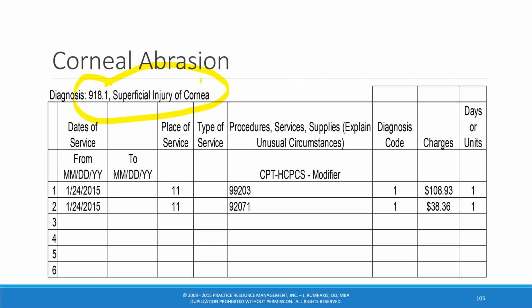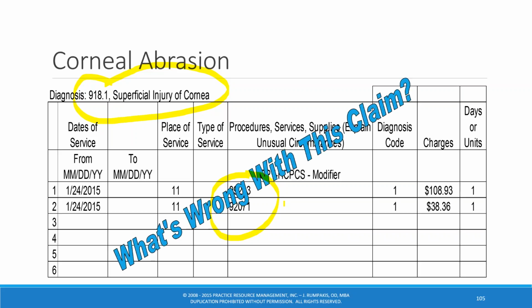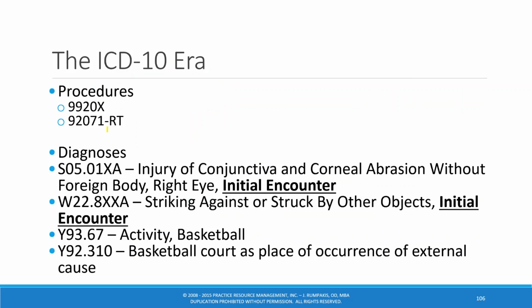That's my diagnosis. Not very specific, is it? Date of service, place of service, my 2 CPT codes that I did, but notice that something's wrong with this claim, right? I don't have a designator for which eye I fit the bandage contact lens on. Why is that important? Because in the ICD-10, this right eye designation of the procedure is going to have to match up with the right eye designation of the code right there, okay?